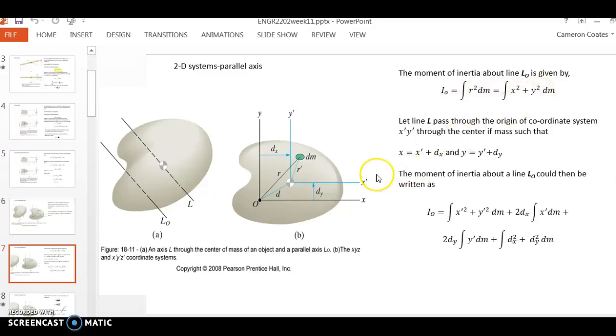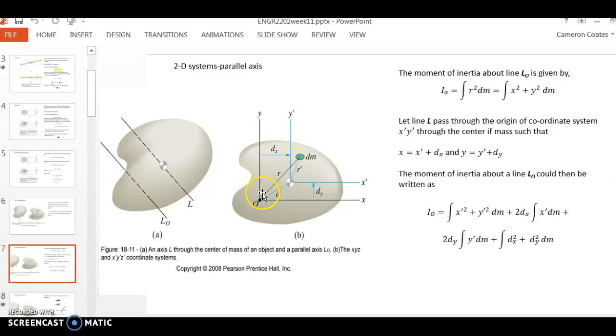Now, if you look at line L that is passing through the centroid, I can orient its position by these relationships here. If I look at my x distance, which is, let's say, from here coming all the way out to where the element is located, it would have to be some dx plus my x prime distance, dx being the distance from the y axis to the y prime axis.